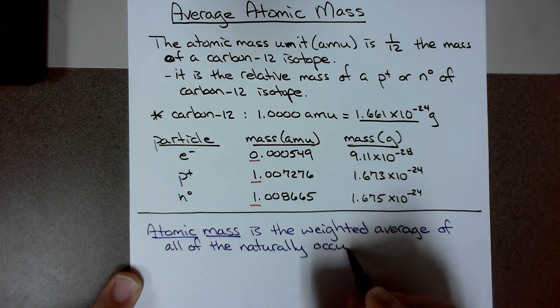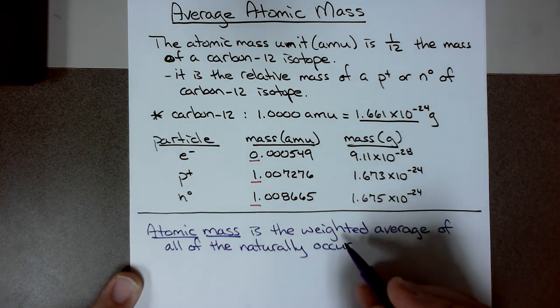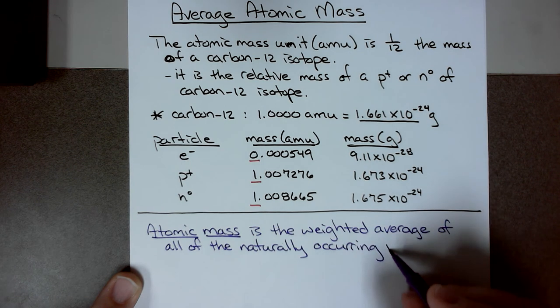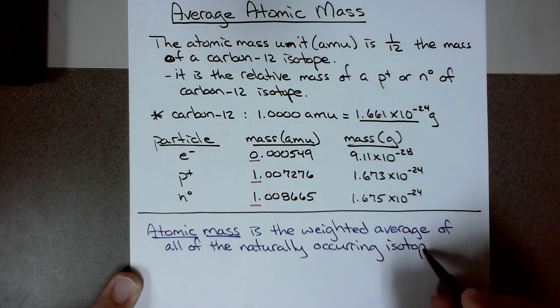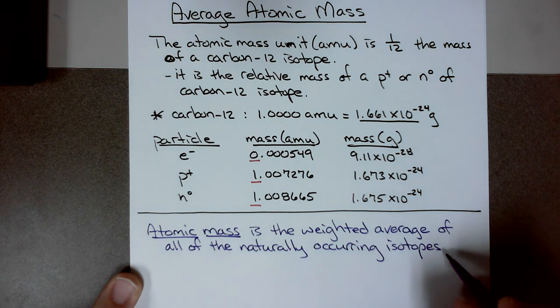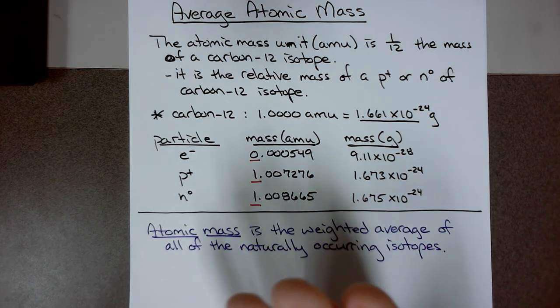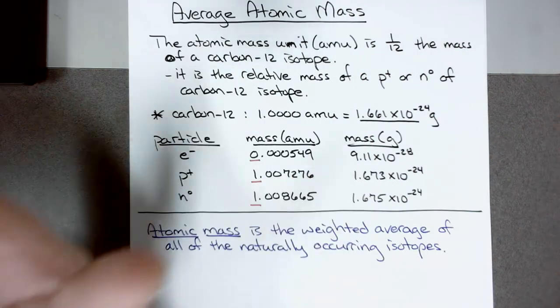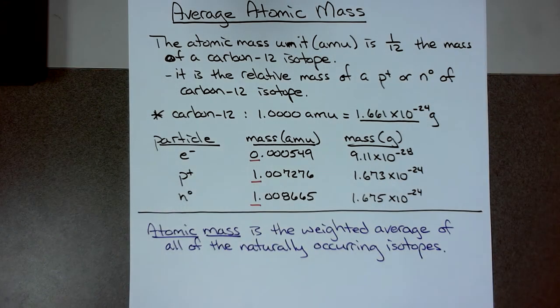So what we mean here is, if I took a handful of carbon, black dust, then a certain amount of that carbon would be carbon 12, some of that carbon would be carbon 13, and some of that carbon would be the isotope carbon 14.